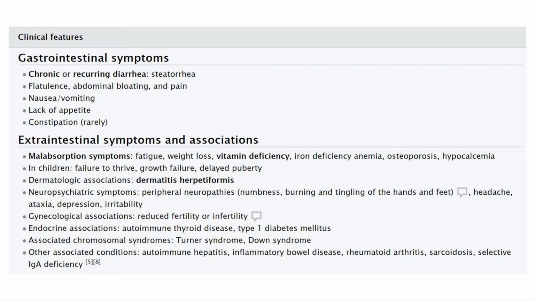So that's something to be aware of, that we'll test the IgA levels in, say, a teenager at the same time as testing their anti-TTG and the other antibodies, anti-endomysial, and so on.